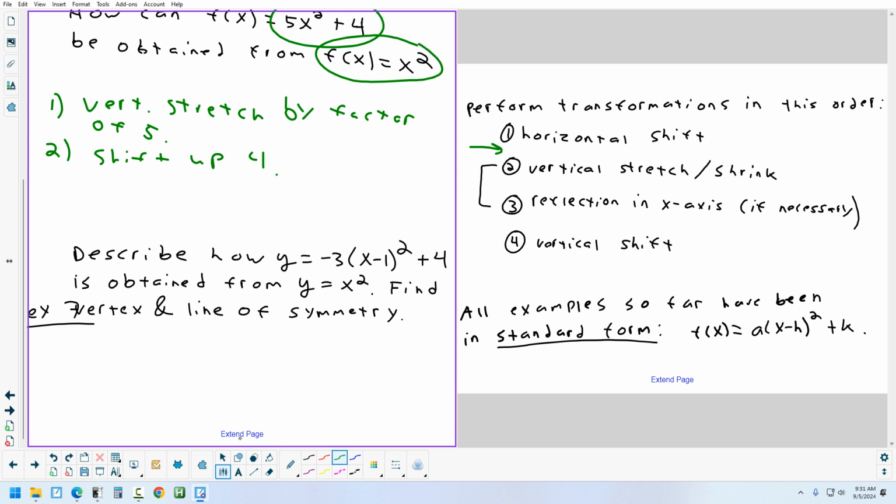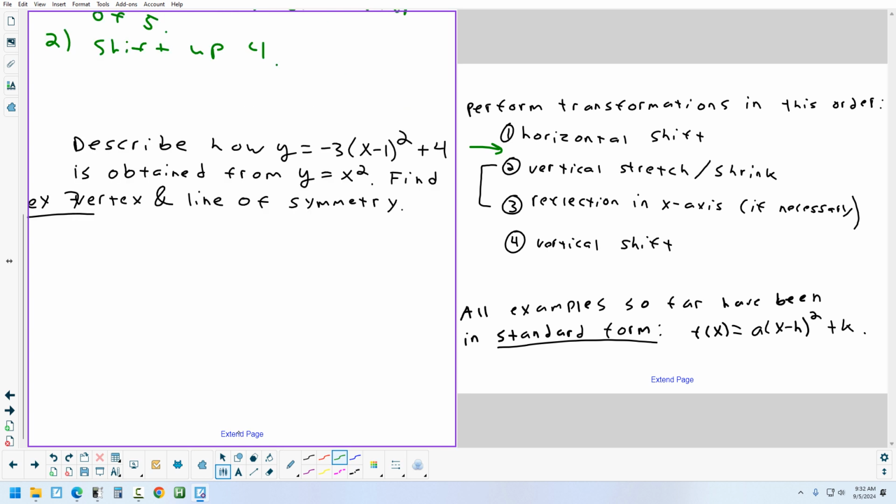How many? 3? No, not 3. I can see why you might say 3, but it's not 3. Anyone have another guess how many? Maybe 4. There are 4, yes. The 1, the 3, the negative in front of the 3, and the 4 are all going to do something different. So we got every transformation in this problem.